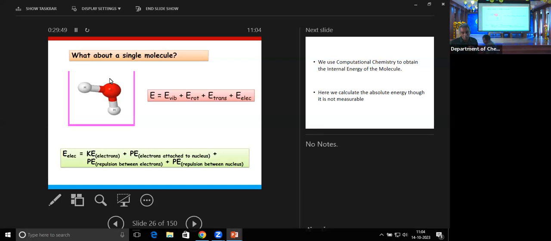We have a molecule which is rotating, moving, vibrating, we have those energies, but then there is the electronic energy. What is that electronic energy? It is the energy of the electrons inside the total water molecule. How many electrons will be there in that? Right, 10.